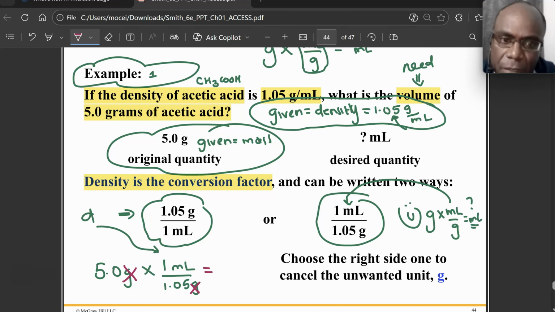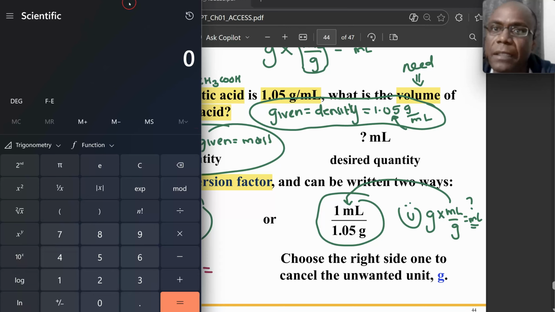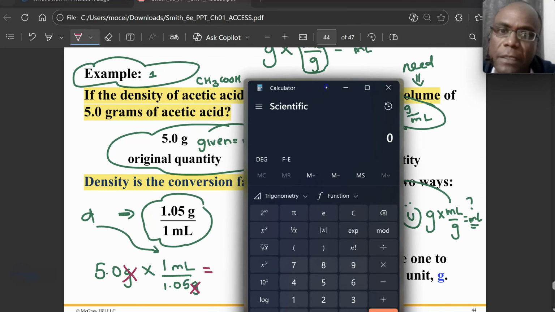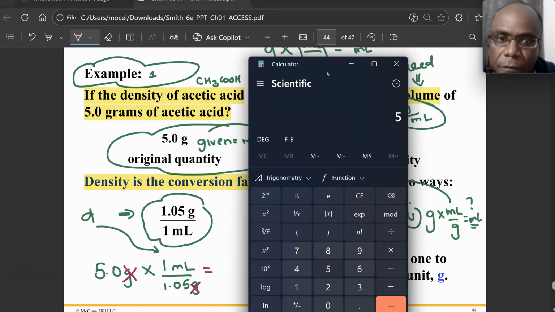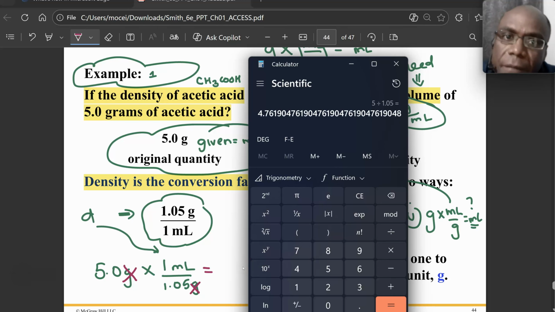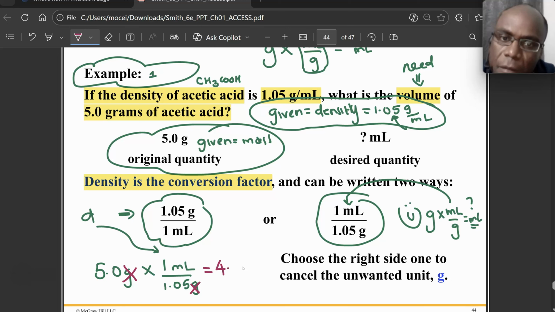And if I may do the calculations here using my calculator, let's bring the calculator here. So I have 5 divided by 1.05. The answer is 4.7619 ml, because that did not cancel.